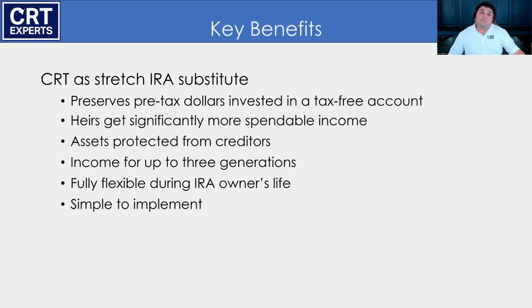So what we've been able to do here is restore the stretch. The CRT is preserving the pre-tax dollars in a tax-free account. The trust is growing tax-free under Section 664, and ultimately the heirs are going to get significantly more money than if they pulled the IRA assets over that 10-year window. We'll look at an example here in a bit that demonstrates just how much more.